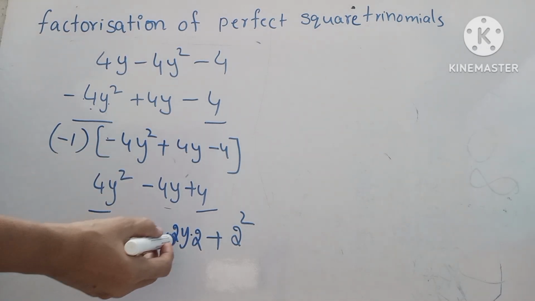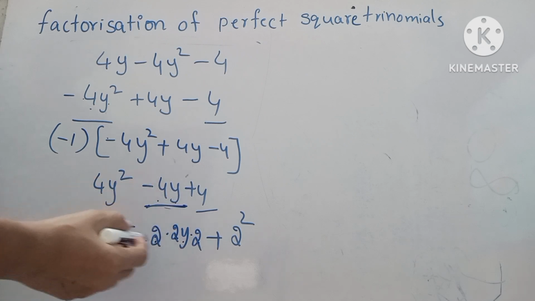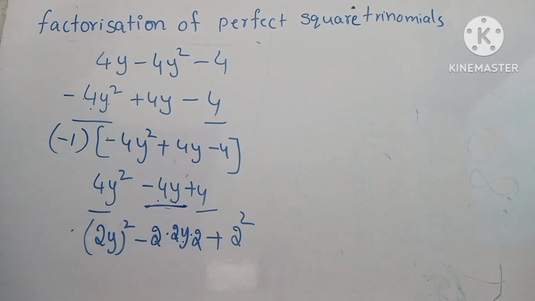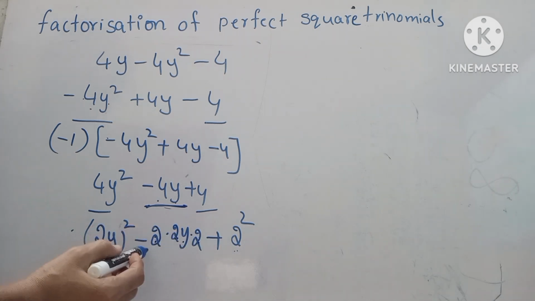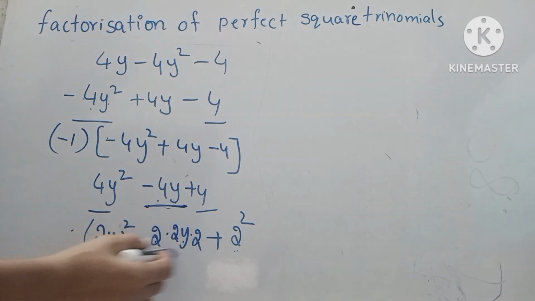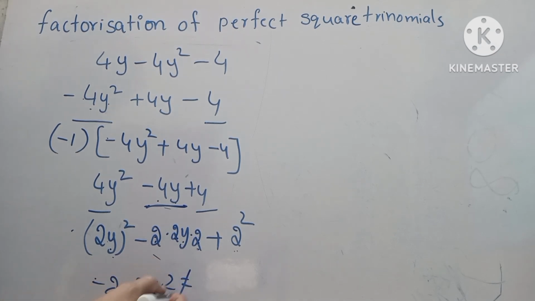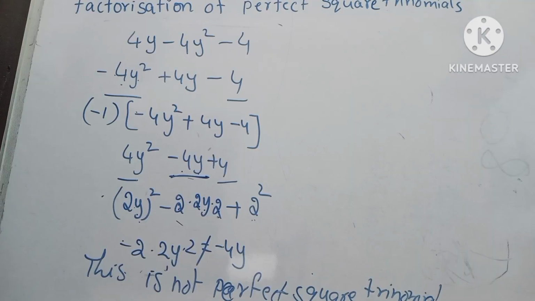So in middle term, 2 times 2y times 2. 2 2s are 4, 4 2s are 8, 8y. But here, this is minus 4y. So this is not a perfect square trinomial. So రెండు ఈక్వల్ కాదు. ఇది a square plus b square ఫార్మేషన్లో ఉన్నా కూడా మిడిల్ టర్మ్ ఈజ్ నాట్ ఇన్ 2 times the square roots of a and b. So 2ab ఫార్మేషన్లో లేదు. 2 times 2y into 2 is not equal to 4y. This is not a perfect square trinomial.